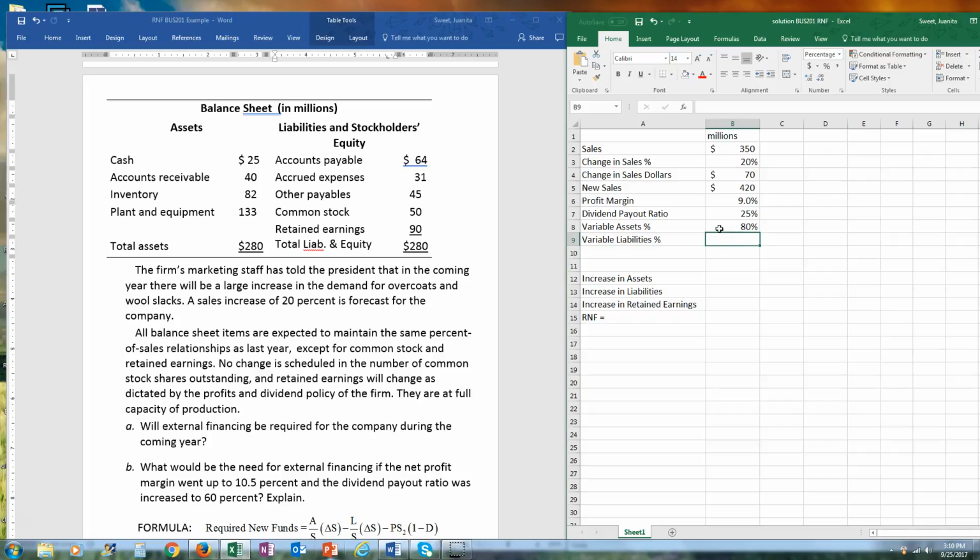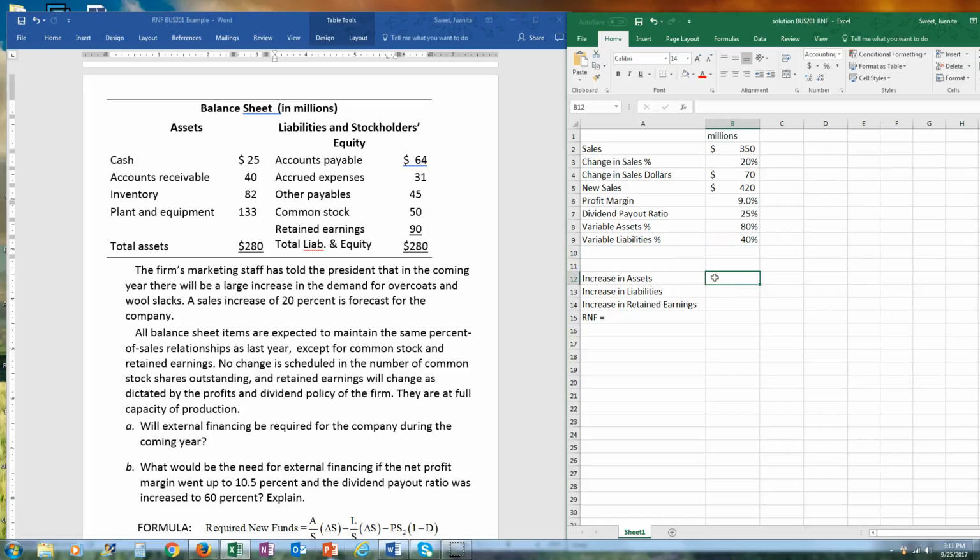Our variable liabilities are going to be the payables, accrued expenses, and any other payables. Those add up to $140 million divided by 350 million in sales. That's a 40% relationship. So we will go up 40 cents in liabilities for every dollar increase in sales.